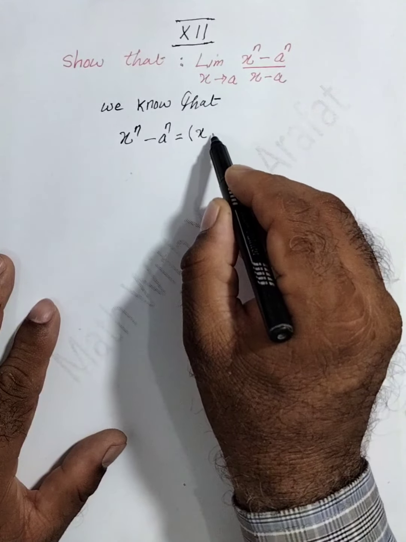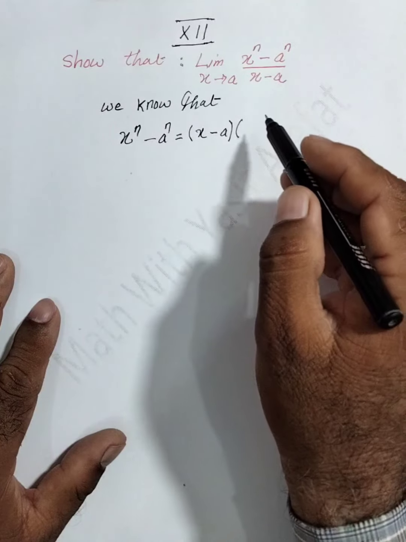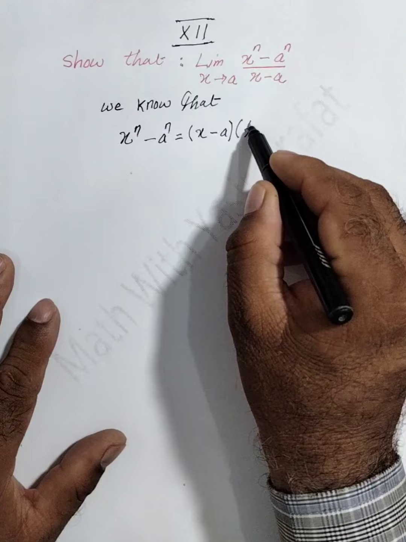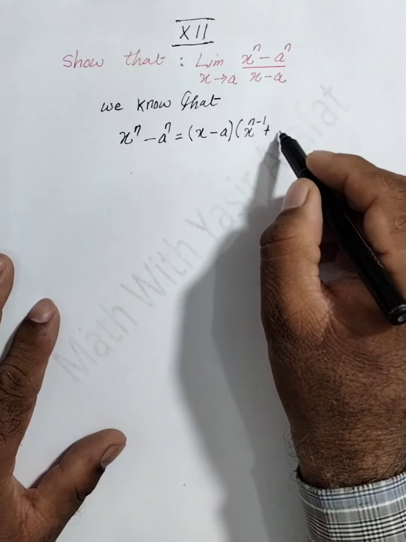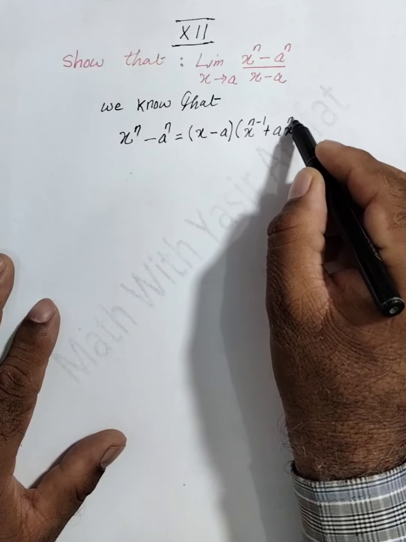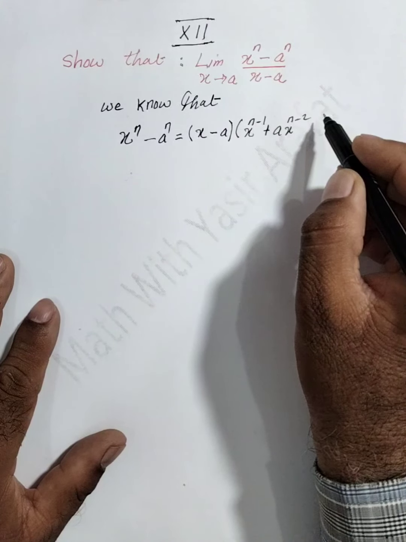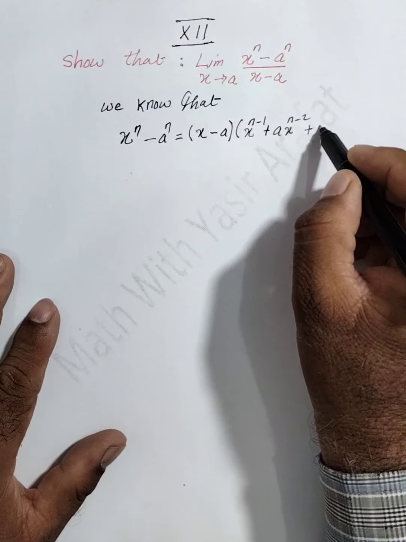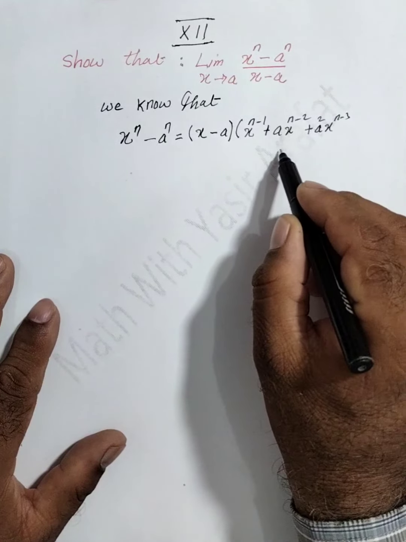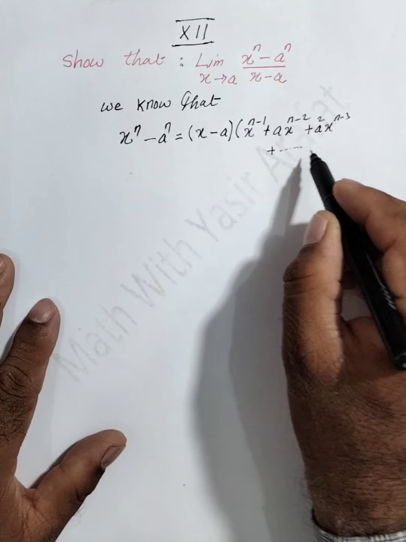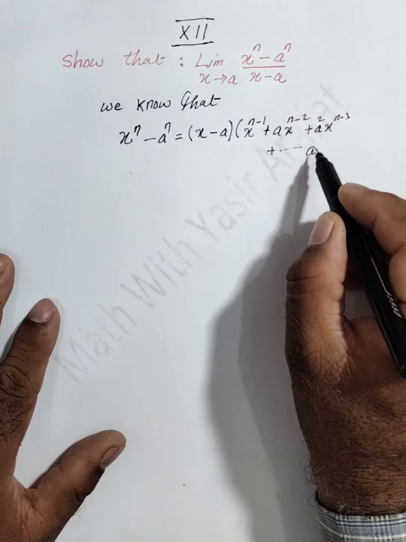This is (x - a) times (x^(n-1) + a x^(n-2) + a^2 x^(n-3) and so on, plus a^(n-1)).